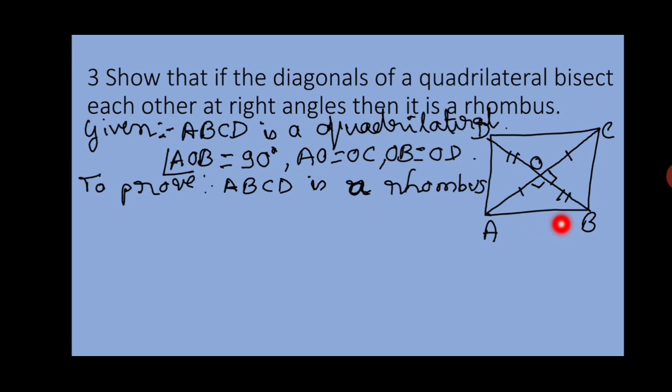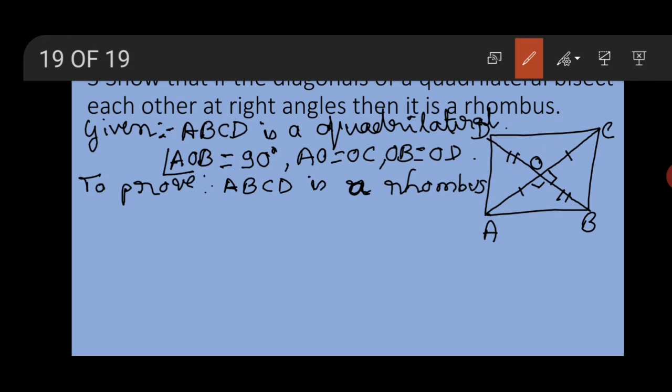Therefore we have to prove AB is equal to BC, equal to CD, and equal to AD. Proving AB is equal to BC is enough. If the adjacent sides are equal, then definitely the remaining two sides are also equal. Therefore it is a rhombus, right?